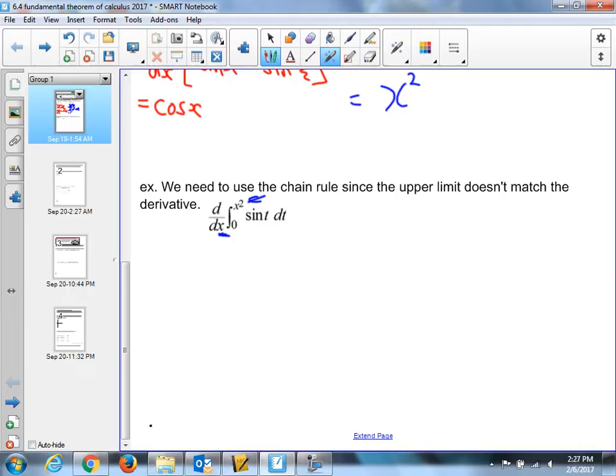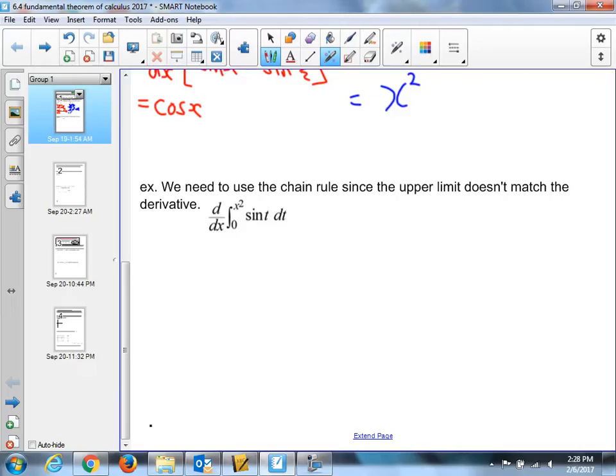Now we're going to use the shortcut here, the shorter cut, meaning I'm not going to actually plug in sine of x squared, or the antiderivative and so on, and then the negative cosine of 0. We're going to skip to it.